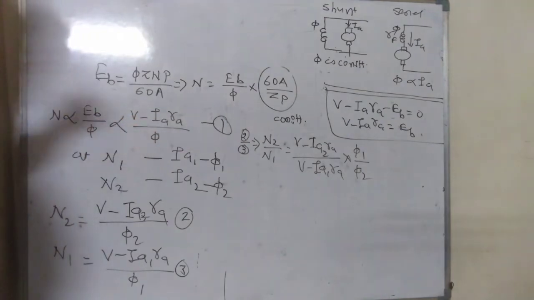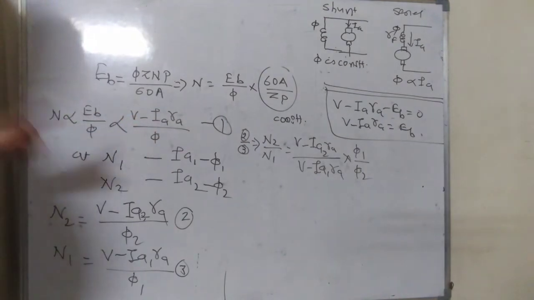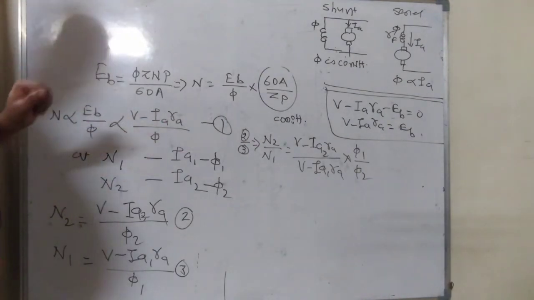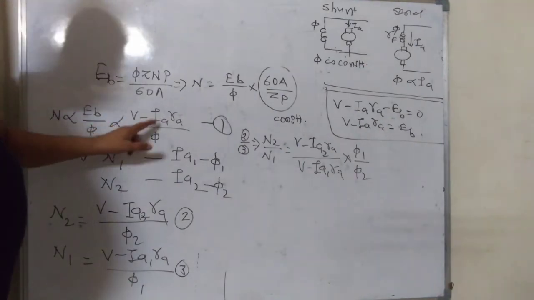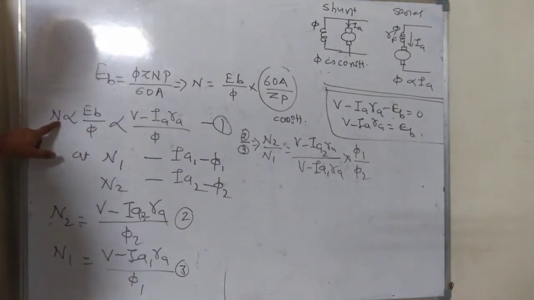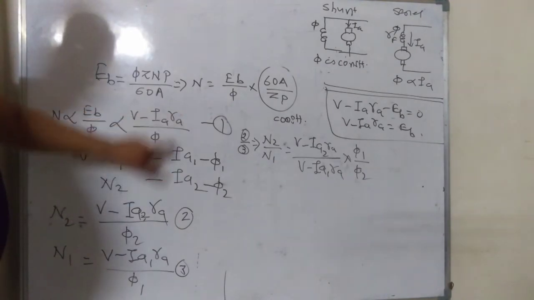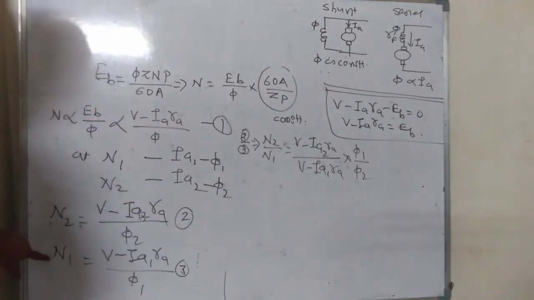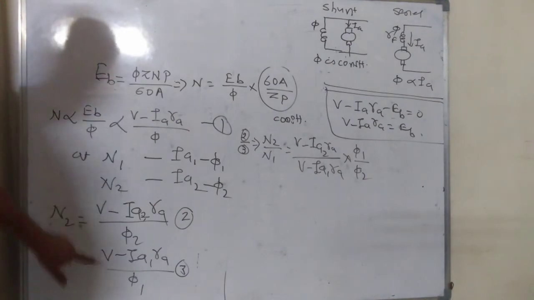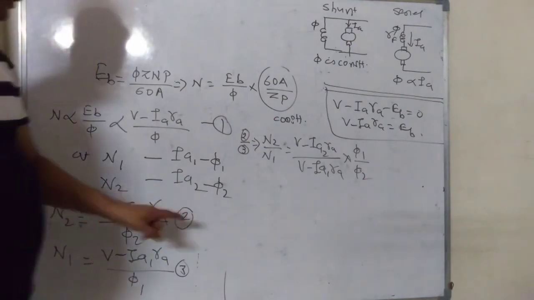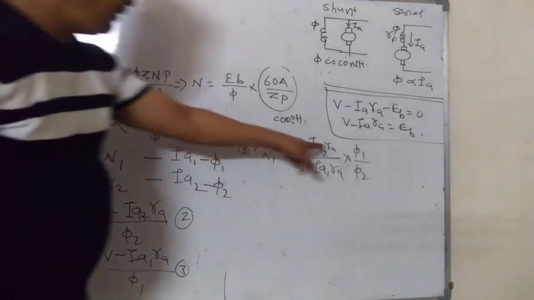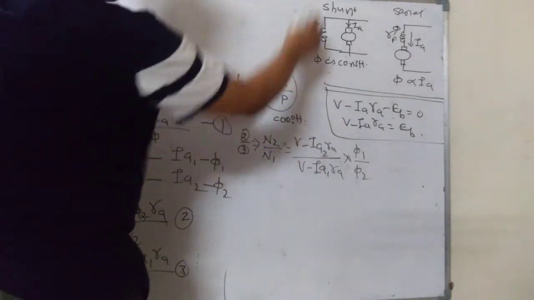Now I am taking two conditions. Suppose speed is N1, current is Ia1, flux is phi1. Speed is N2, current is Ia2, flux is phi2. So N2 is V constant minus Ia2 Ra upon phi2, and N1 is V minus Ia1 Ra upon phi1. And we divide equation 2 by this. Now we will write this for series and shunt.